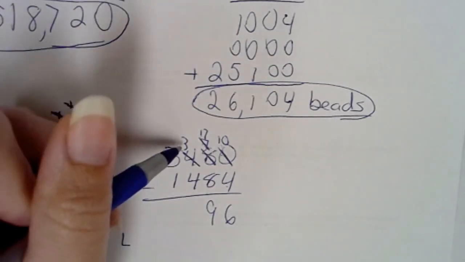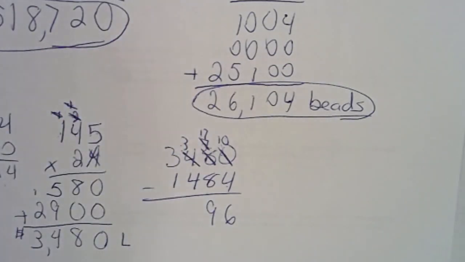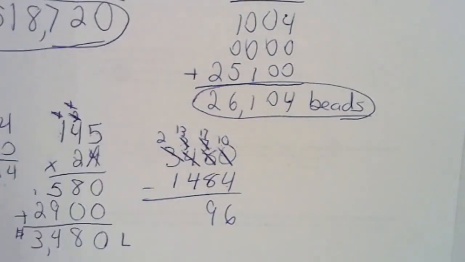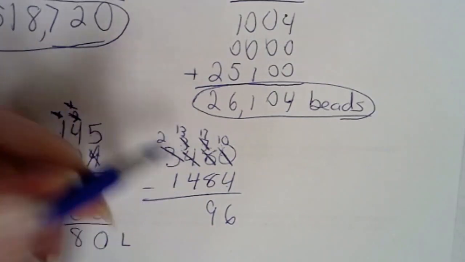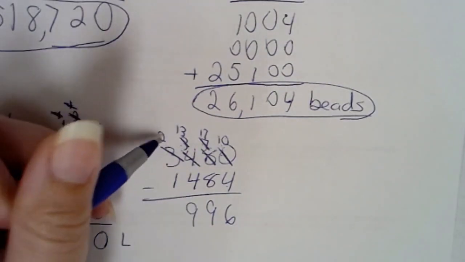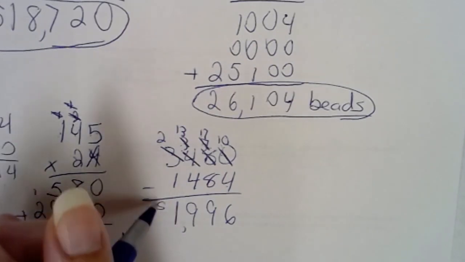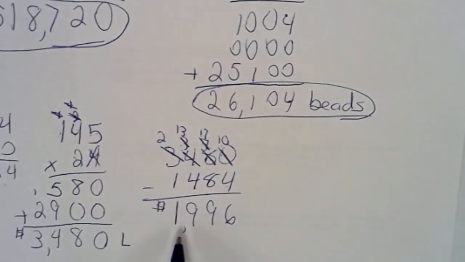We can't subtract 3, take away 4, so we're going to regroup again. The 3 becomes a 2, and this 3 becomes a 13. 13 take away 4 is 9, and 2 take away 1 is 1. So Leah made more money. She made $1,996 more. You need to write sentences to tell me the answer.